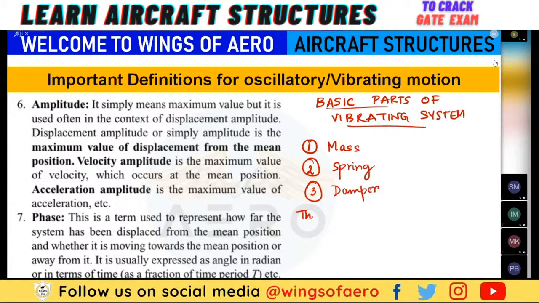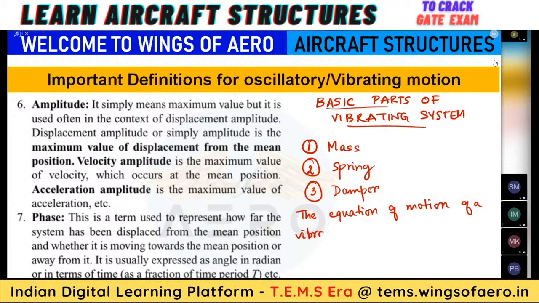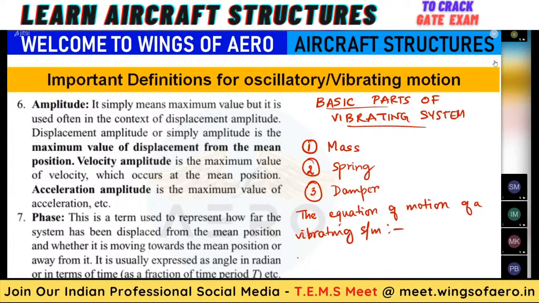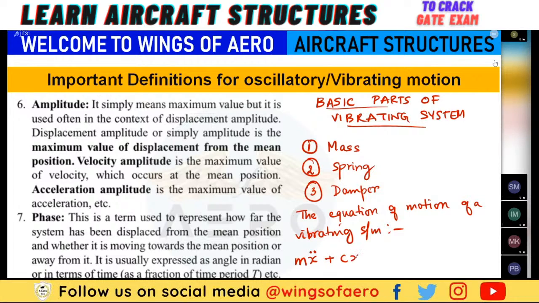You should know the equation of motion of a vibrating system. You should remember this. The formula is very simple: m x double dot plus c x single dot plus k x equals 0.